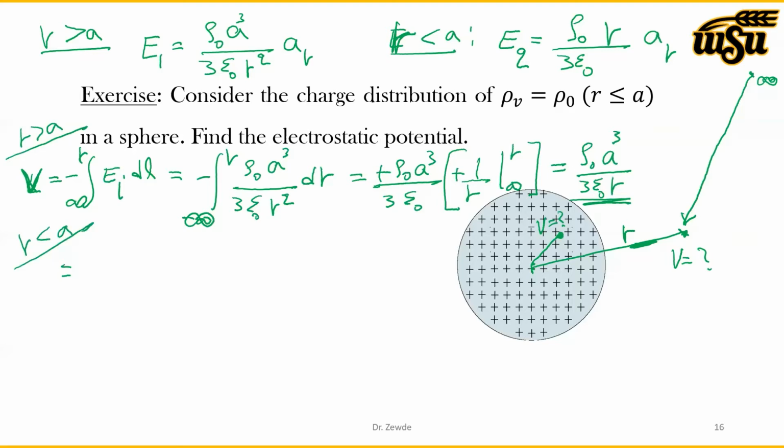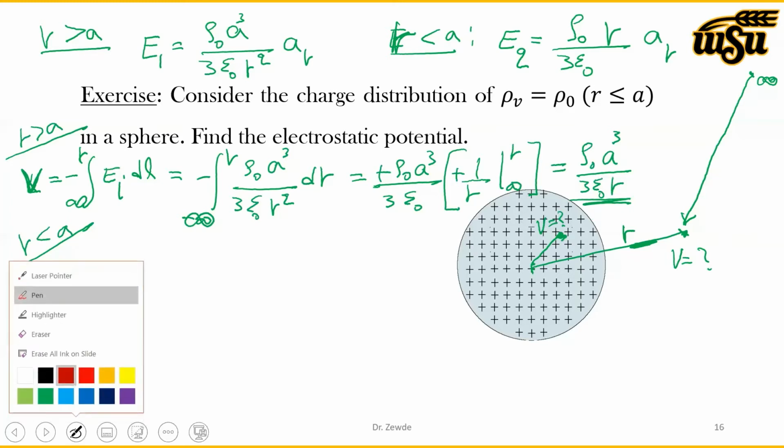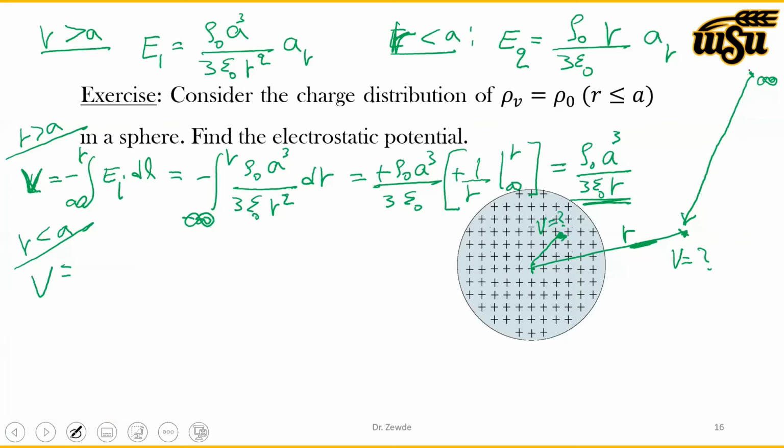In this case, our goal is to bring the charge from infinity to this point inside the sphere. That's nothing but from infinity to the surface, and from the surface to this point.